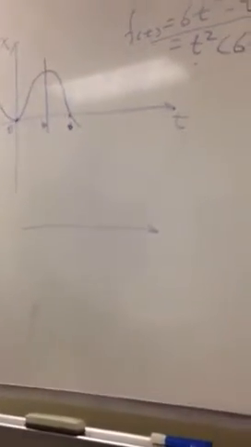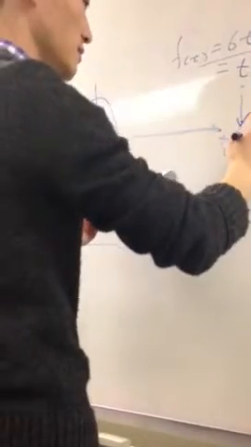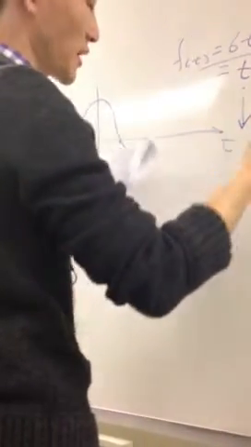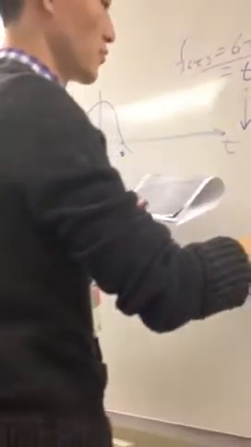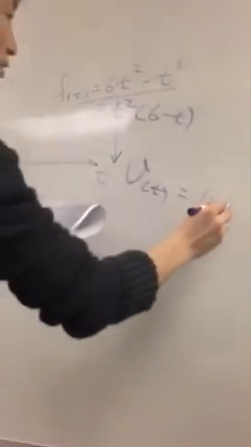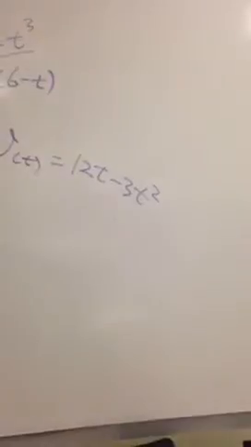So from this we can get the velocity, the derivative, right? It will be 12t minus 3t squared.